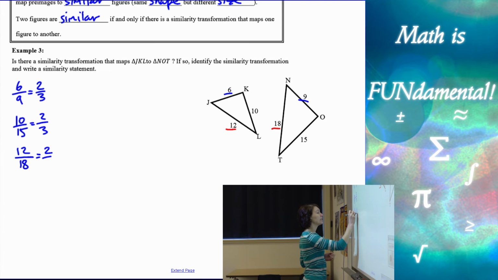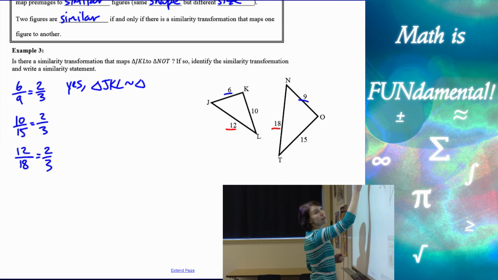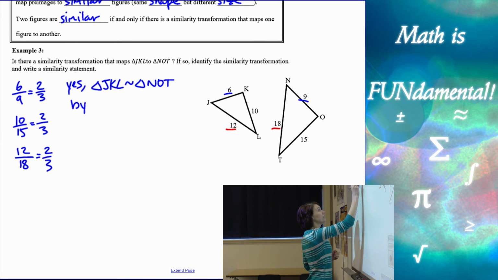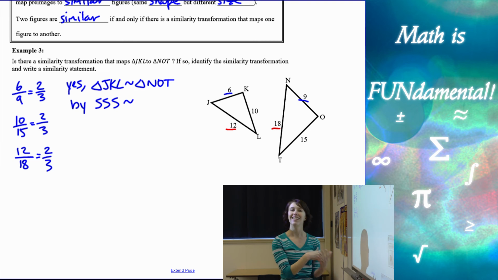And reducing it by 6, I get 2/3. So yes, triangle JKL is similar to triangle NOT by side similarity. So a little bit of a jump back into the last couple units there.